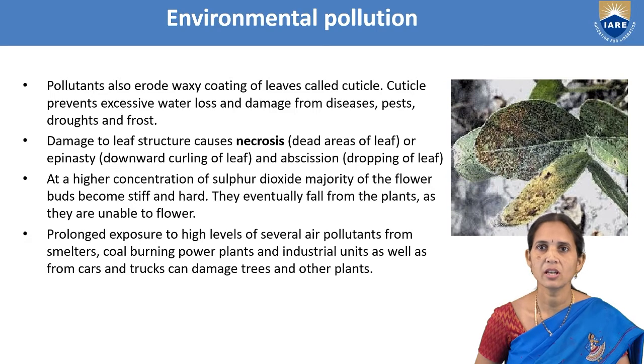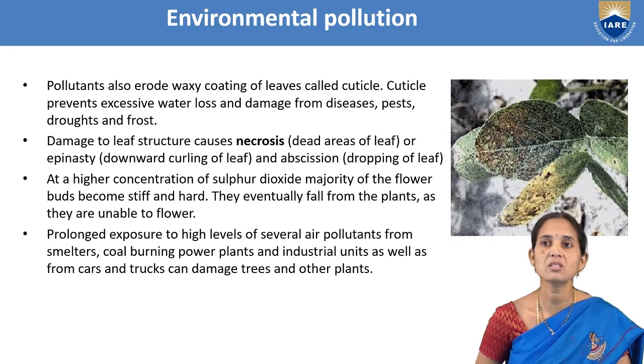So we can see in this diagram that the green leaves are turning into yellow color, and then turning into black color. The pollutants we discussed cause damage to the leaf structure, that we can see here: necrosis.